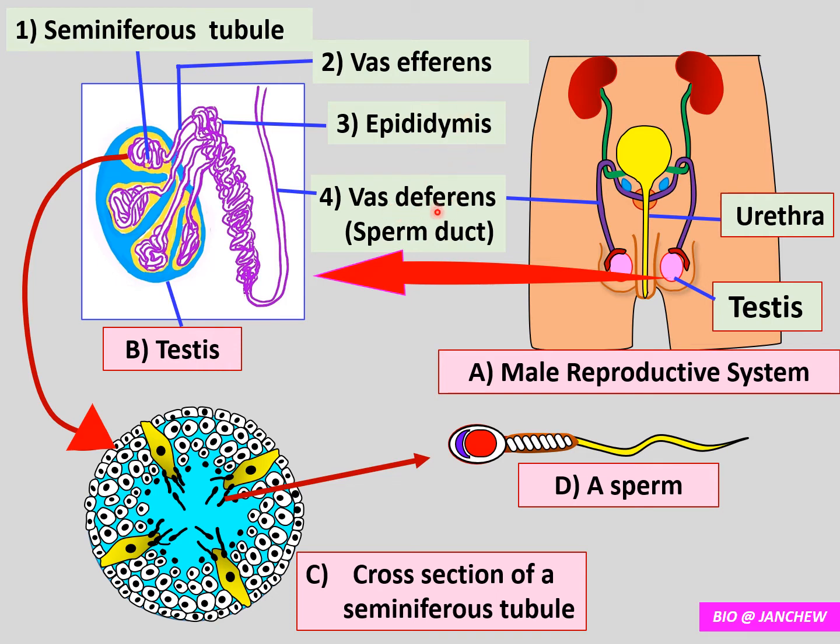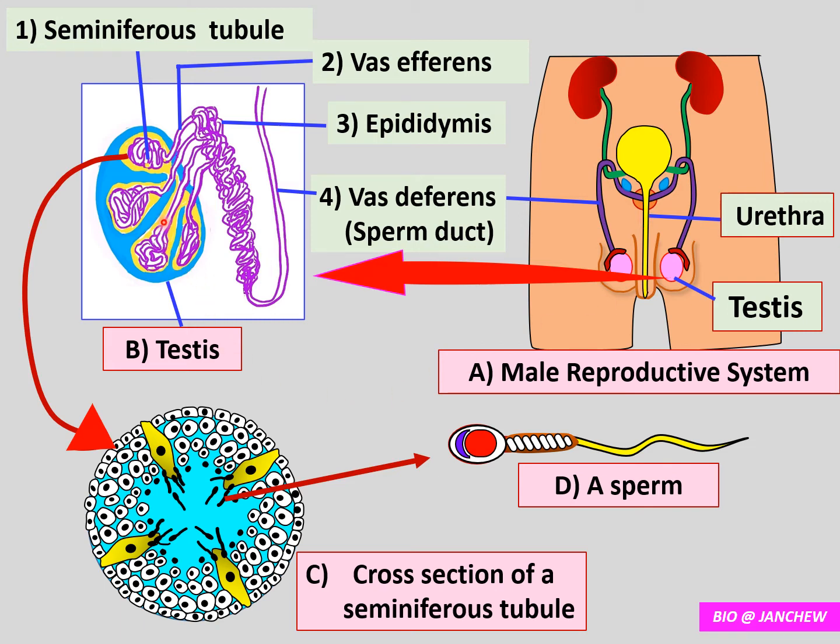The vas deferens is also called the sperm duct, and is shown here colored purple. The vas deferens connects the epididymis here, the red structure, to the urethra here.